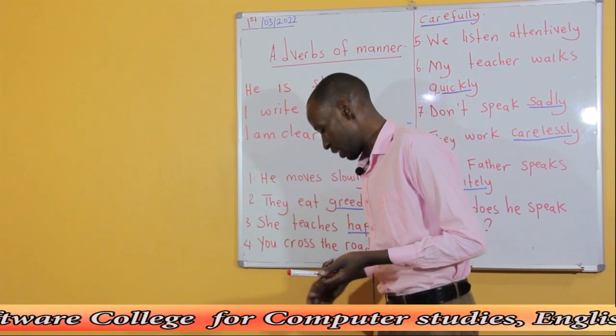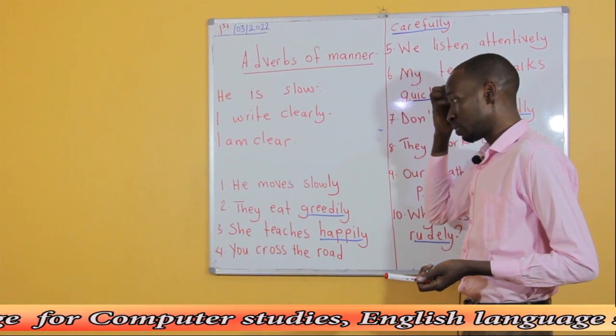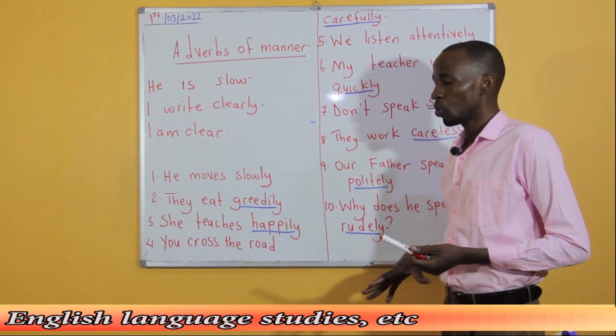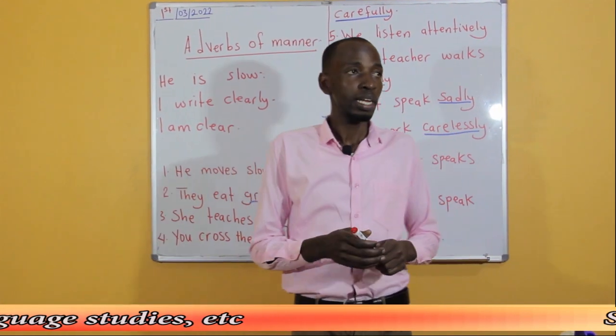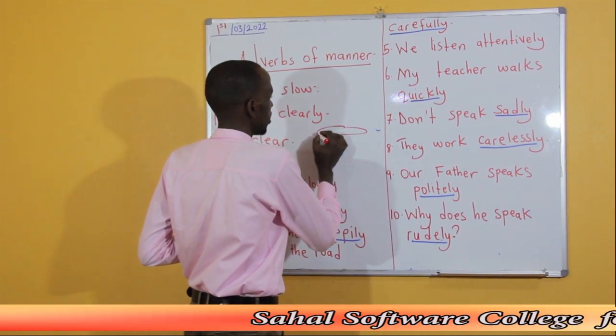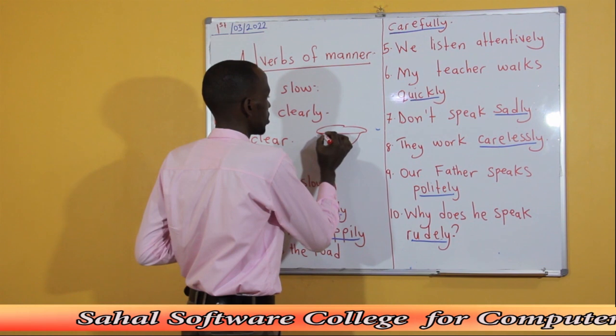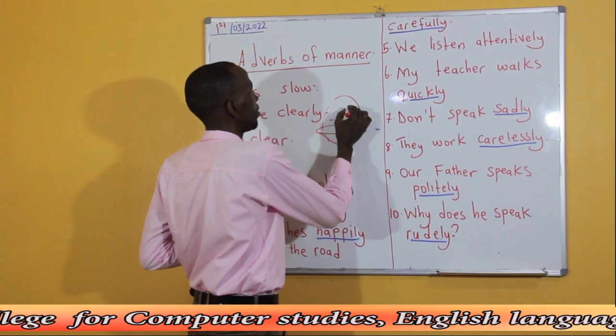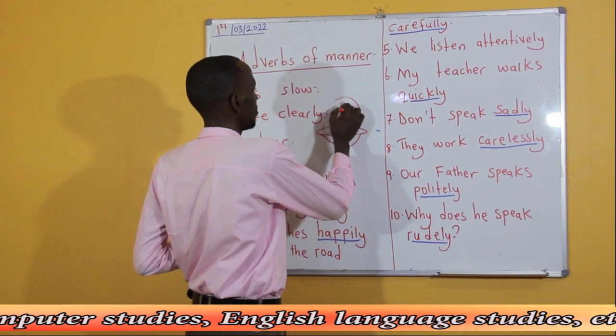Now, take an example of number 2. They eat greedily. When you eat greedily, it means if the food you have, for example, this is the food on your plate. I don't know the type of food you have.